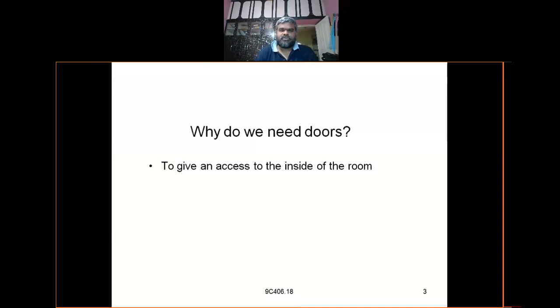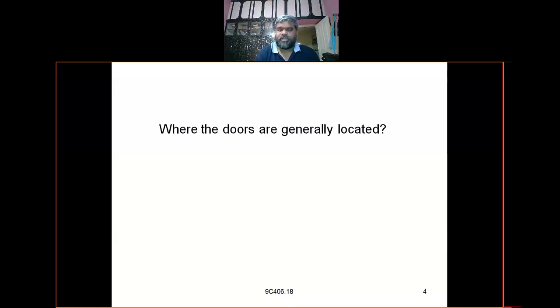We need doors to give access to the inside of a room or to secure the building, for locking purposes, and to make different types of rooms, like privacy rooms such as a locker room, bedroom, or bathroom. We can classify rooms by putting different types of entrances for different rooms. The main purpose for locating a door is to enter the room.